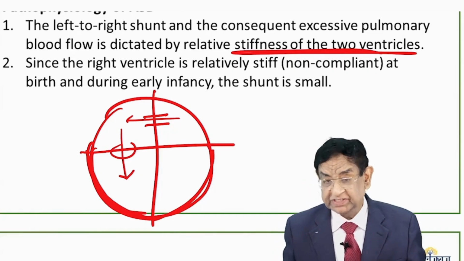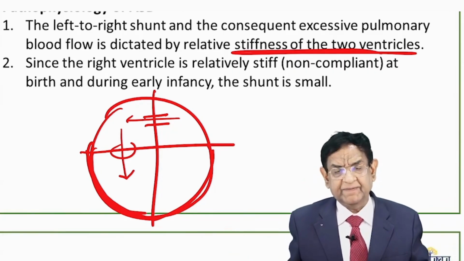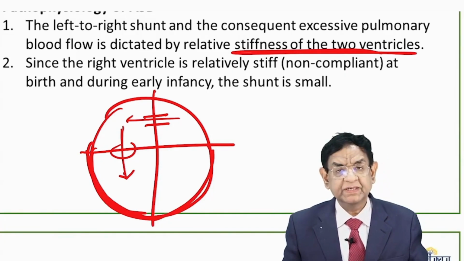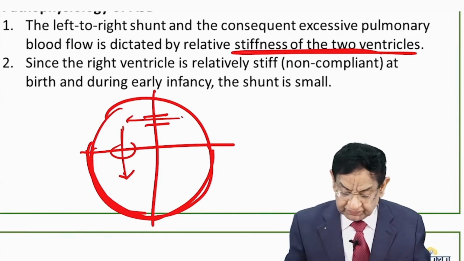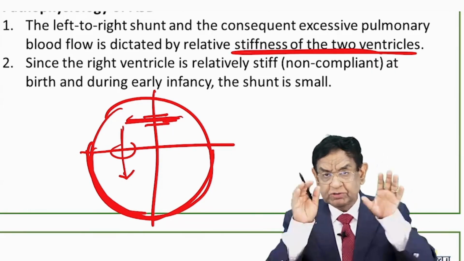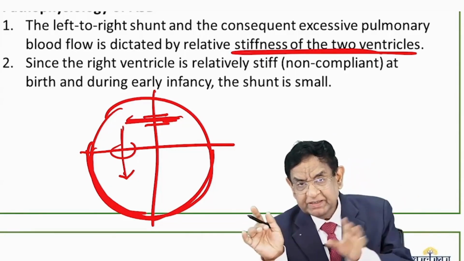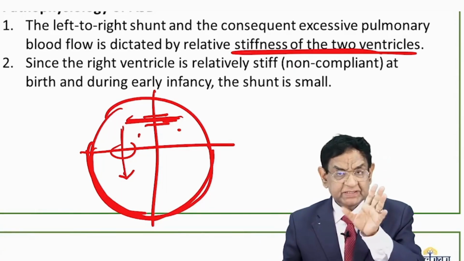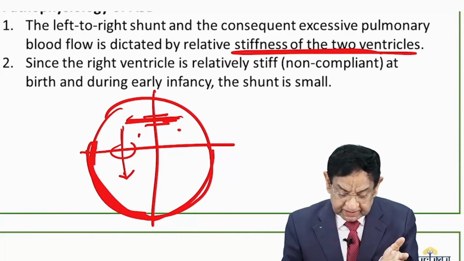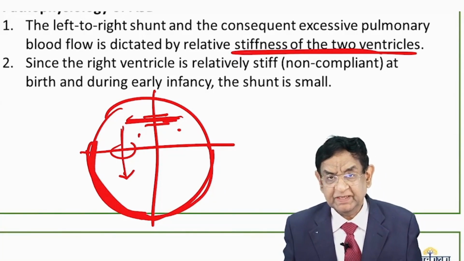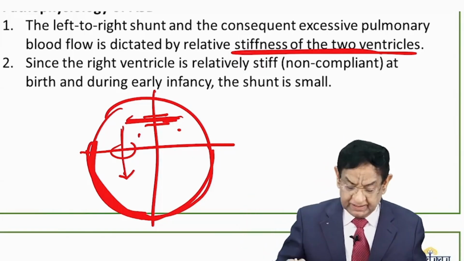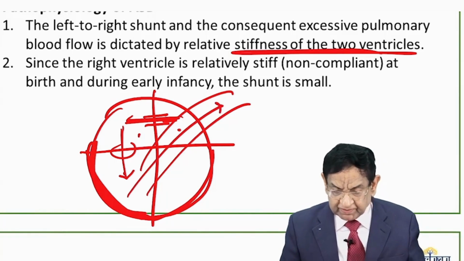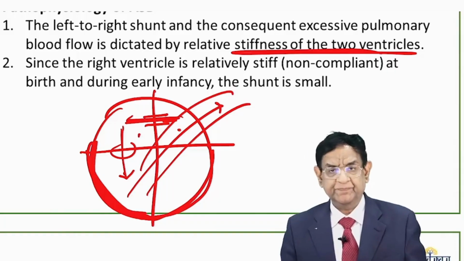In the very early stages, it's a stiff lung. That means less blood will come. Although the gap is there, transmission of the blood is not very much. Why? There's less distensibility. So when less blood comes in the initial stage, less blood will go into the pulmonary artery.